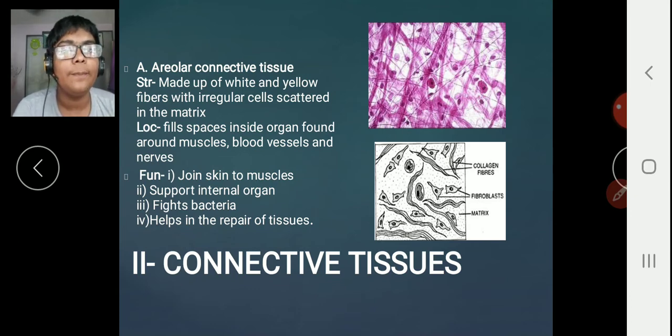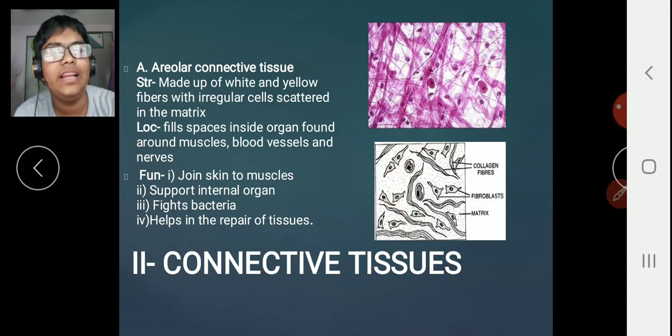Areolar tissue is made up of white and yellow fibers with irregular cells. In this there are white fibers and yellow fibers. The cells are irregularly shaped, and they are just scattered anyhow in the matrix, that is the plasma. You can see it in this way.